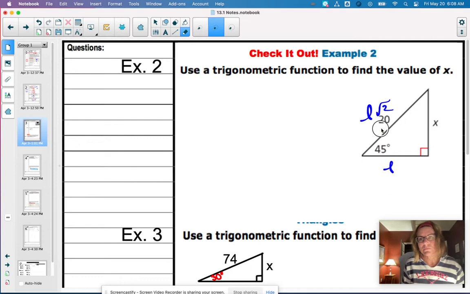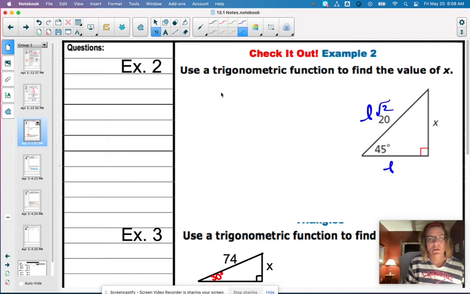I am going to just quickly draw this over here because my pen is not letting me go over there. There's 20. So this is going to be L, L, L root 2. Sorry about that.